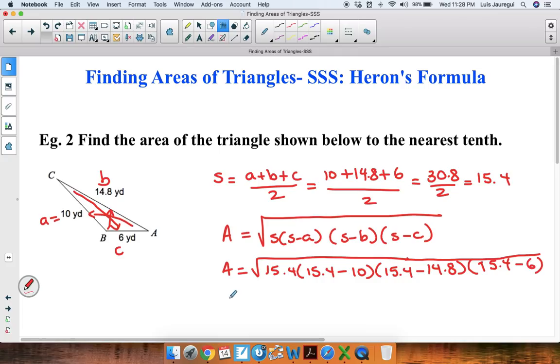To get the approximate value rounded to the nearest tenth, we're going to use technology. In my case, one more time, I'm going to use my TI-Nspire.